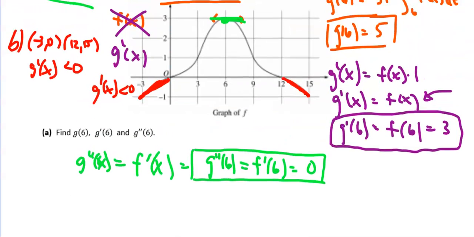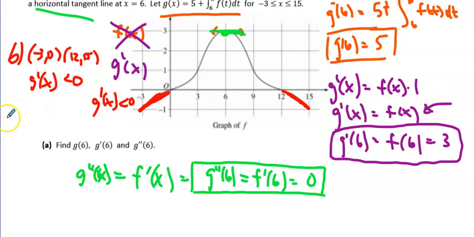So g concave down. For concavity, we have to look at the second derivative, which is the first derivative of this graph, right? So where are we negative? Where's our slope negative? So from -3 to 6, we're increasing, right? We're going up. But from 6 to 15, we're actually going to be decreasing.